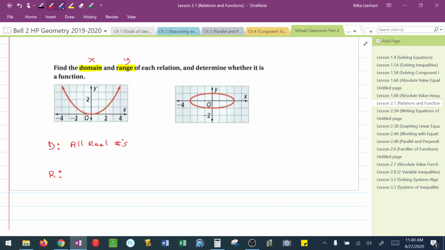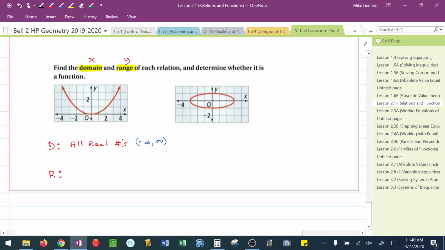Now, one of the things we're going to learn here is another way to write this would be -infinity to infinity. That's another way to write all real numbers. If you just write all real numbers, that's okay too. Now, the range, though, is limited. If you notice this picture, it does not go below the x-axis.